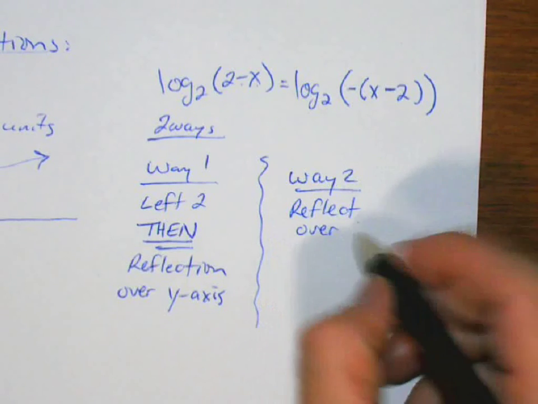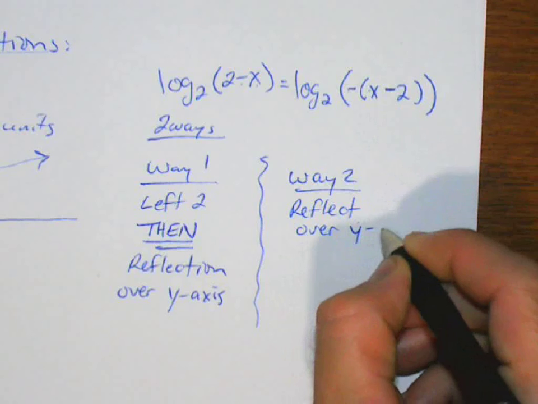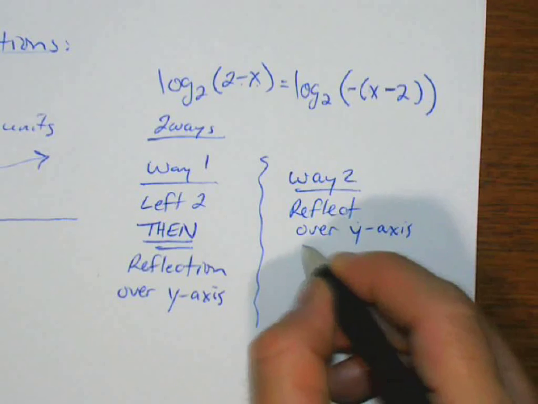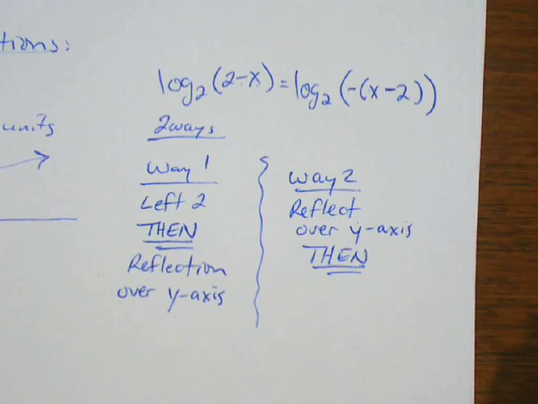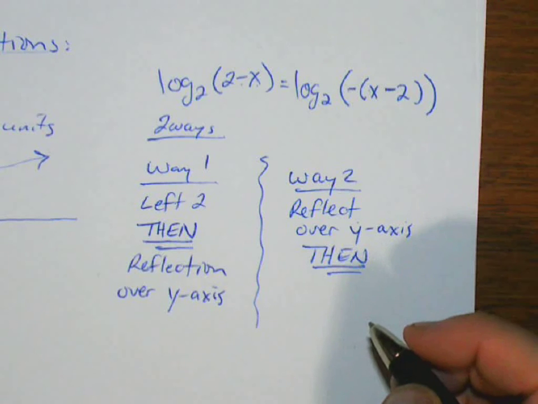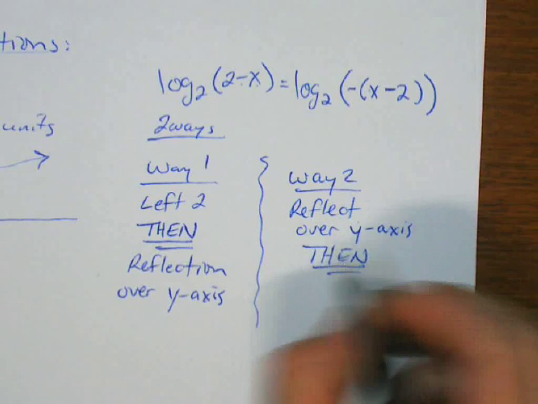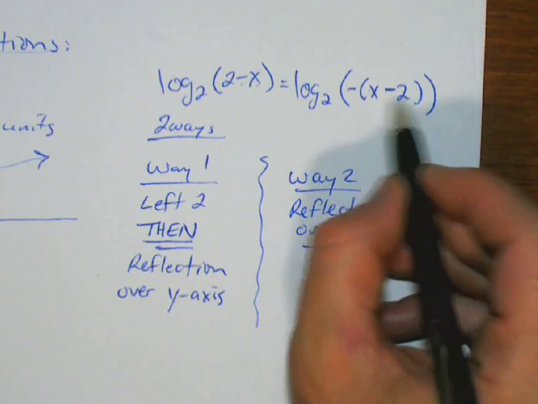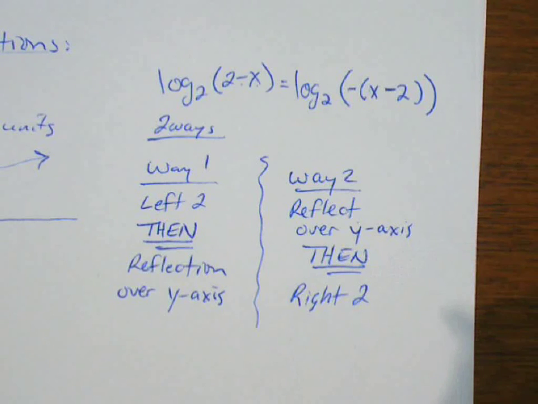It's still a reflection over the y-axis because it's changing the x values. And then again, that key word, that super hard word that I hope everybody can spell correctly: it's not T-H-A-N, it's T-H-E-N. It's reflecting over the y-axis, then this minus 2 means right 2 units.